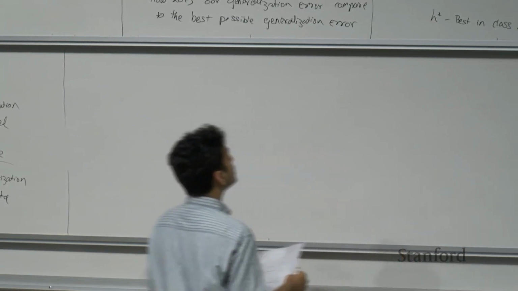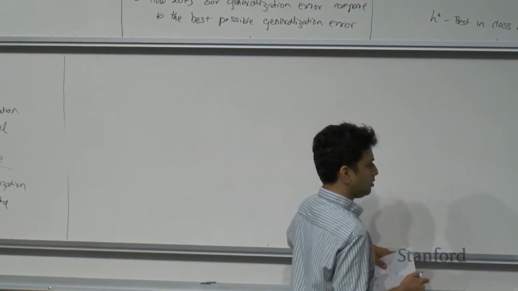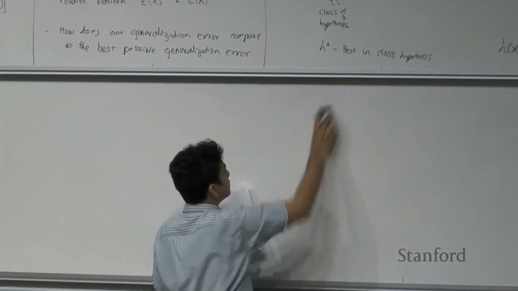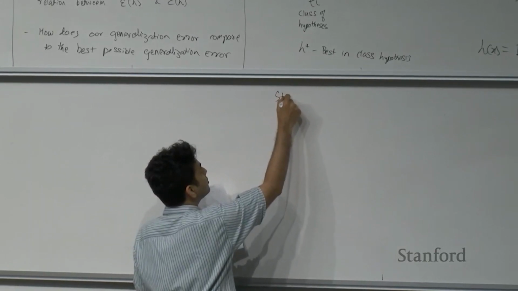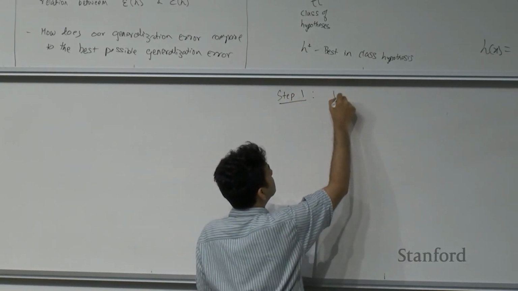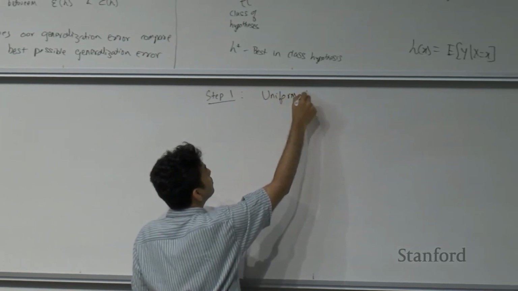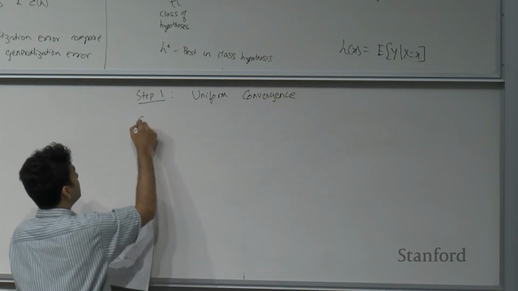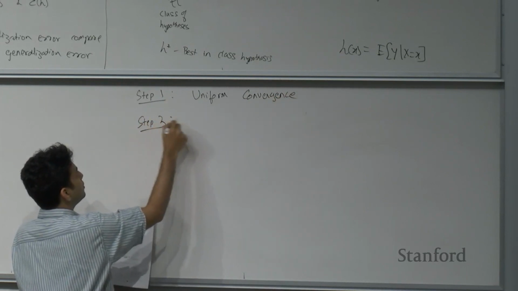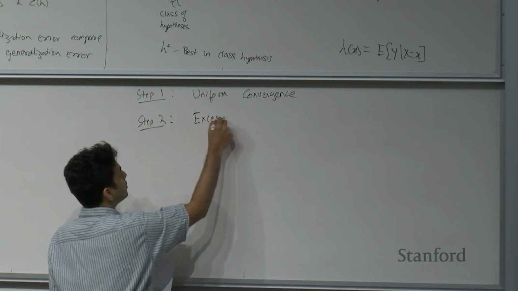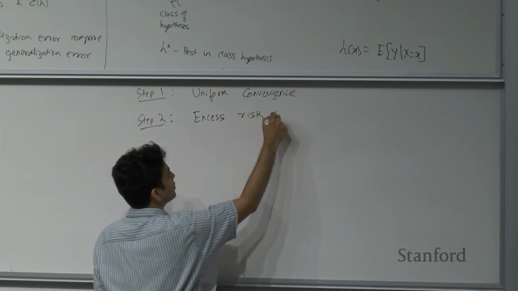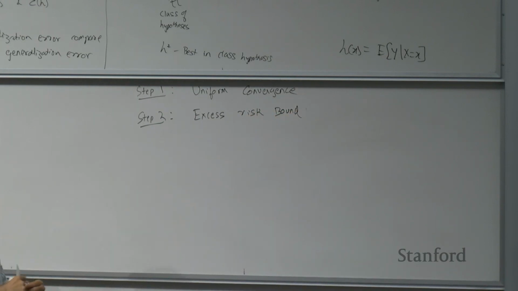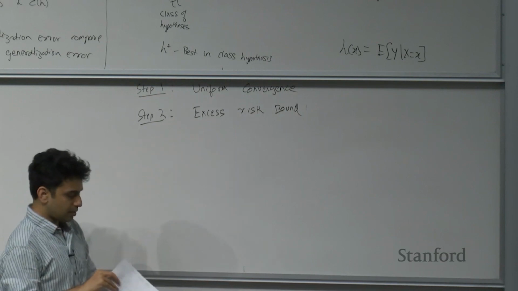Step 1: uniform convergence. Step 2: excess risk bound. So we're going to follow these two steps.